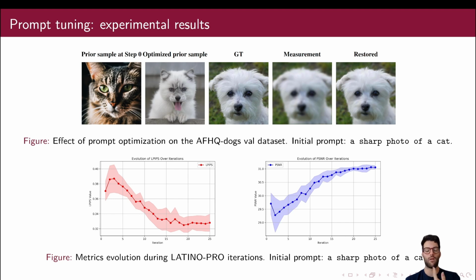But when we iterate Latino optimizing the prompt, we actually improve the metrics, and as we can see from the images above, what the prior samples at the beginning is a cat, while with the optimized prompt the prior samples something closer to a dog and also recognizes some features, like the color of the fur. And this helps a lot in the restoration, which is obviously improved, as we can see from the metrics.